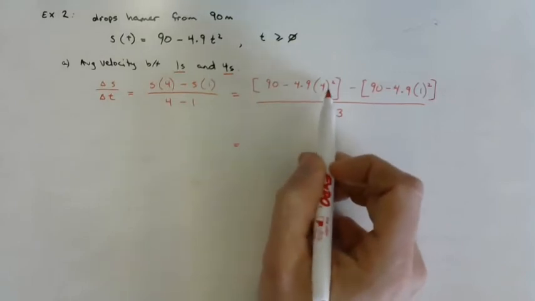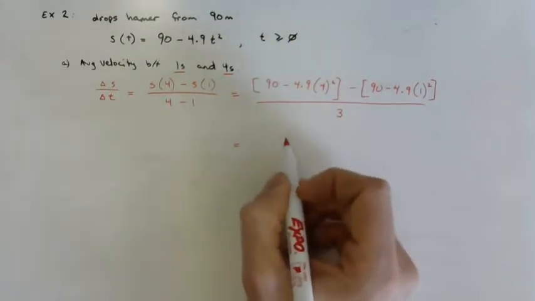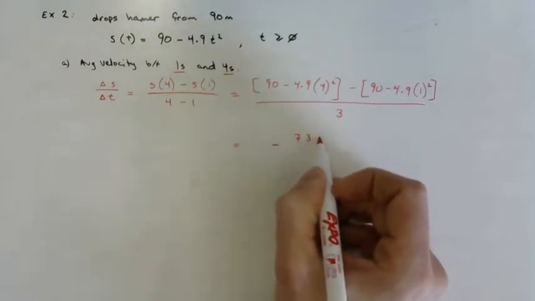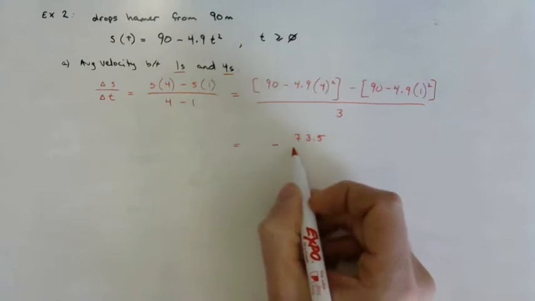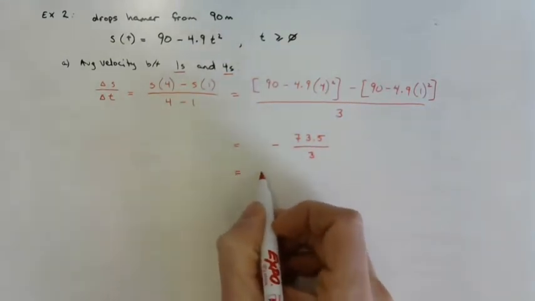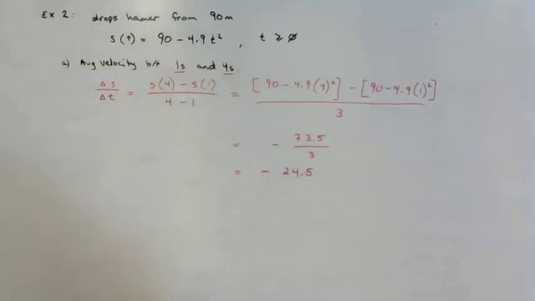I'm not going to do all this in my head, but we could click it into our calculator. We would end up with negative 73.5 over 3, which is negative 24.5.